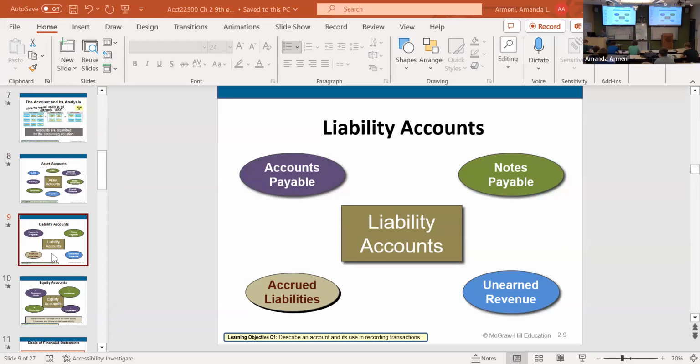Okay. Just as the case was with the asset slide, you're going to be familiar with some of what we talk about on the liability side, right? So we said liabilities are any time that we owe to another party.